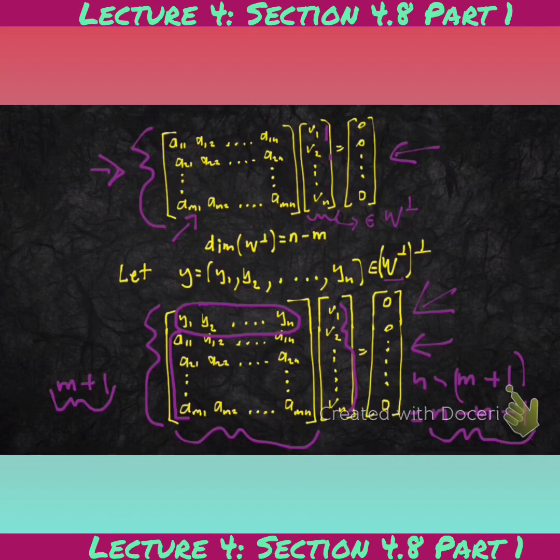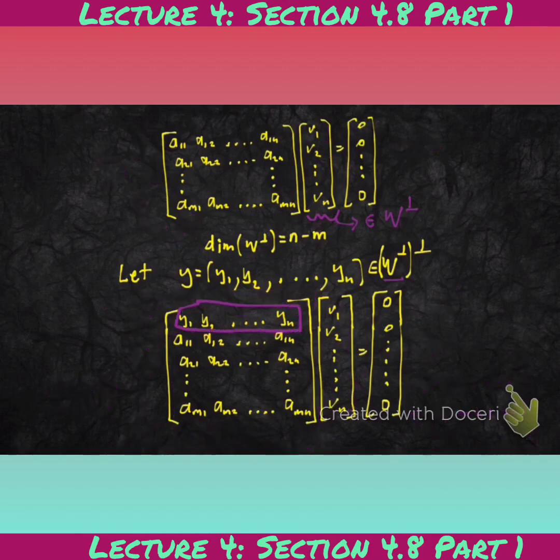Basically, if I take the reduced row echelon form of this matrix, then this row has to reduce to a 0 row, which implies that that row is a linear combination of all these rows.